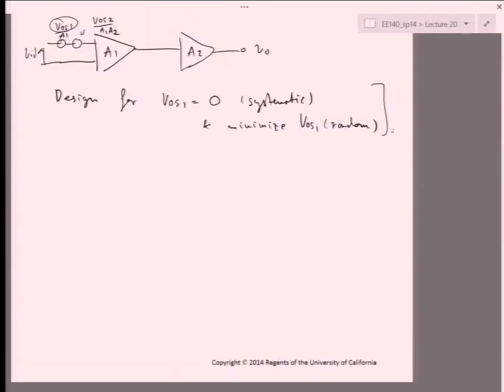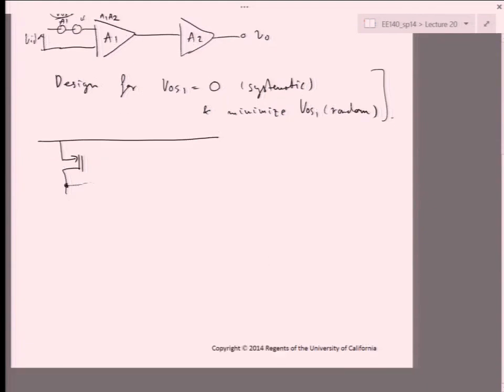Okay, so I'll just quickly sketch what happens, and then we're going to continue in the next class to derive it in a little more detail. But what we have inherently is a similar situation to what was happening in current sources all along.